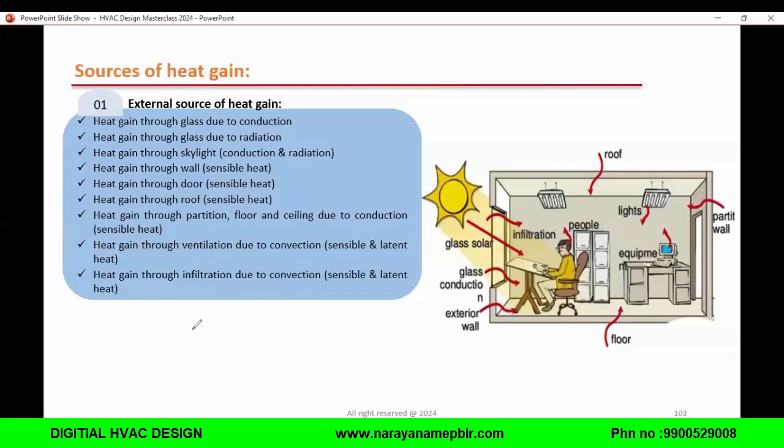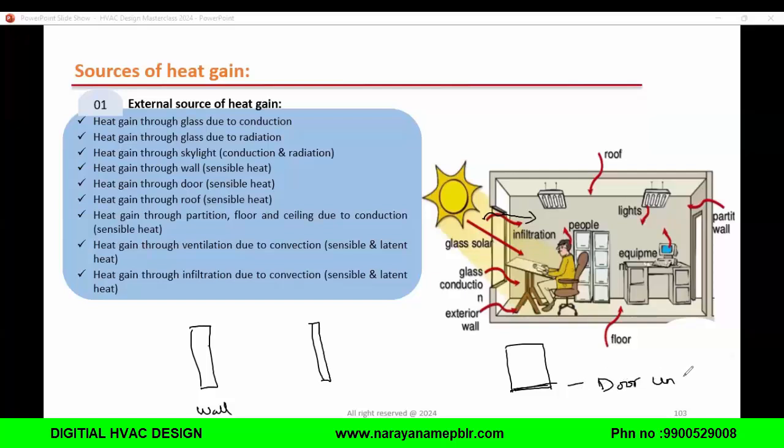You have to remember this concept. Simple. There are 3 things. One is your wall, another is your glass, then you have outside air. Outside air also will try to enter your space. How? Through your door and window. They will have some gap, that is called door undercut. That outside air will enter.